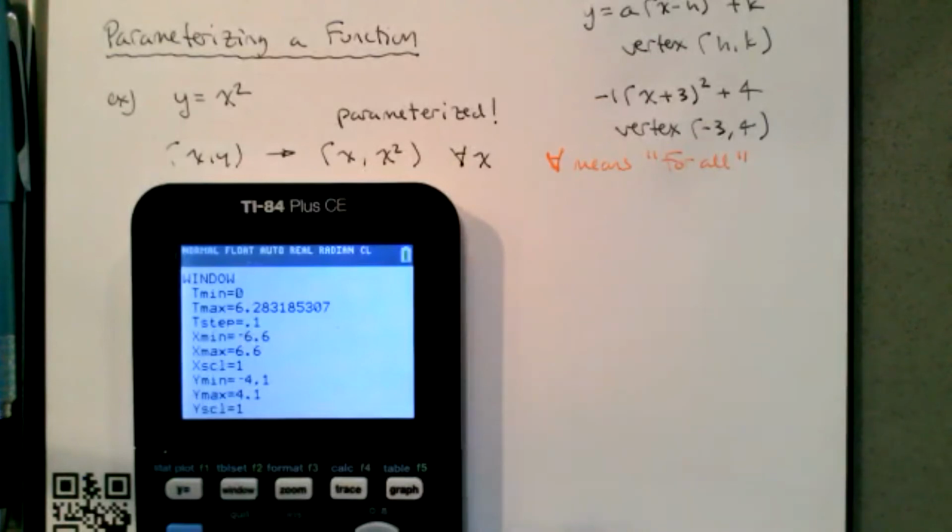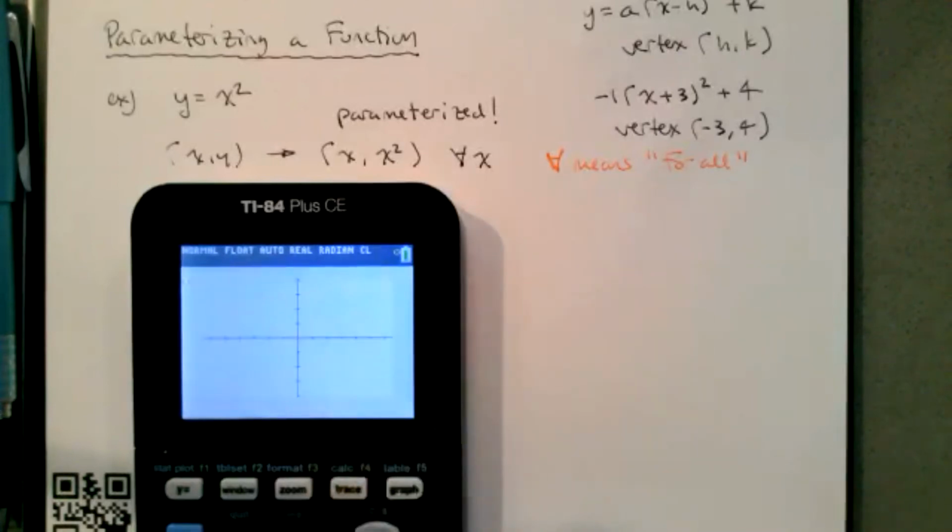But if I set my parameter to go from, say, -10 to 10, now I'm plugging in all the t values from -10 to 10, and now I get my whole parabola. Any questions?